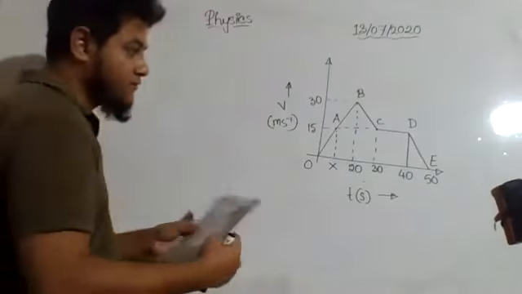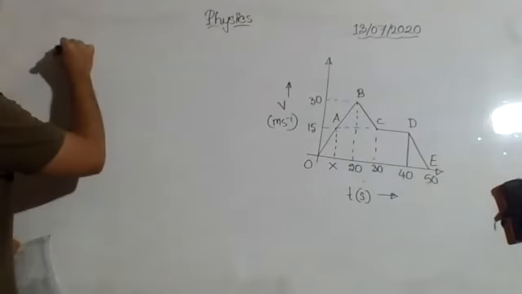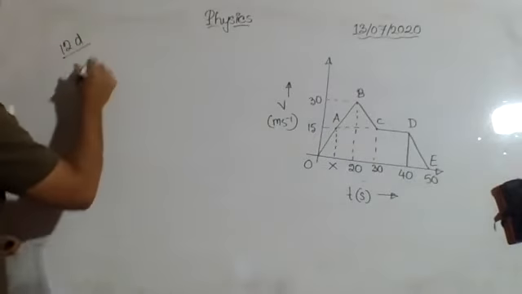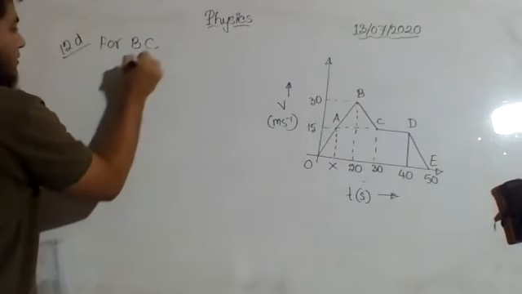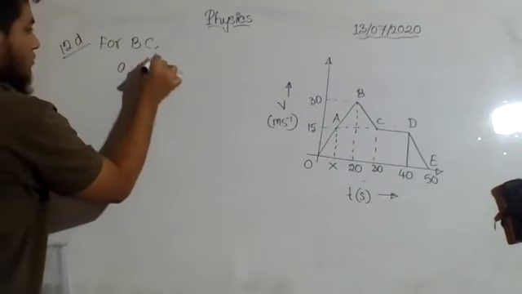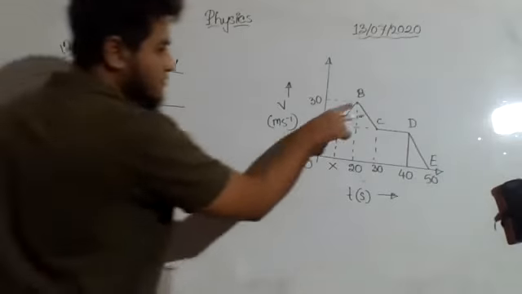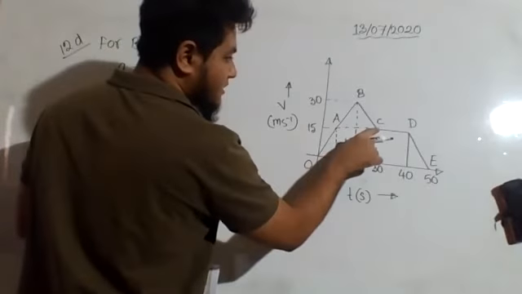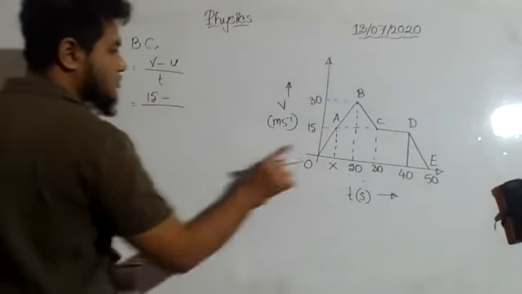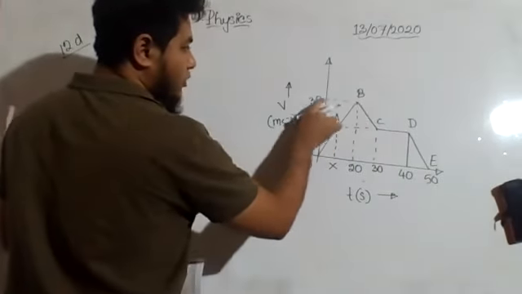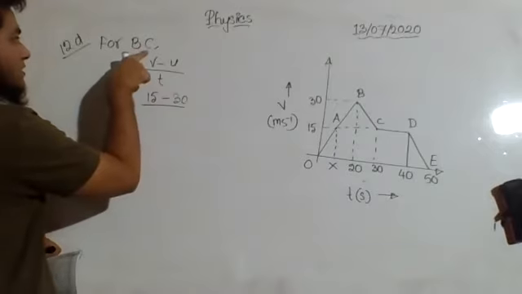So at first, let us calculate the deceleration for the BC part. Acceleration is equal to v minus u divided by t. In BC, the final velocity is at C, which is 15. So 15 minus 30, because B is the initial point and C is the final point.